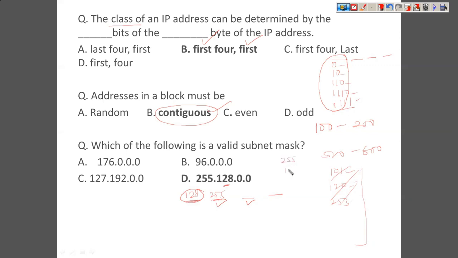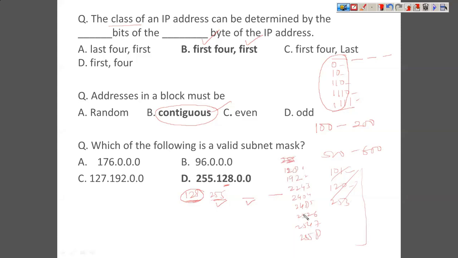255, 128, 192, 224, 240, 248, 252, 254, and 255. This is actually the first bit, second bit, third bit, fourth, fifth, sixth, seventh, and eighth, which is 255. So these are the possible values.